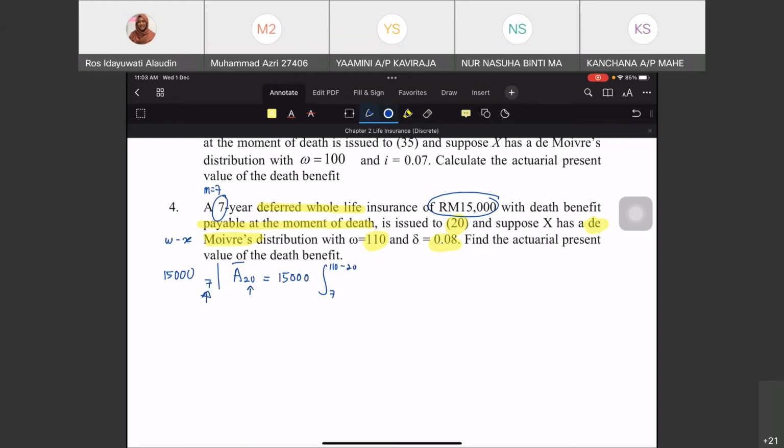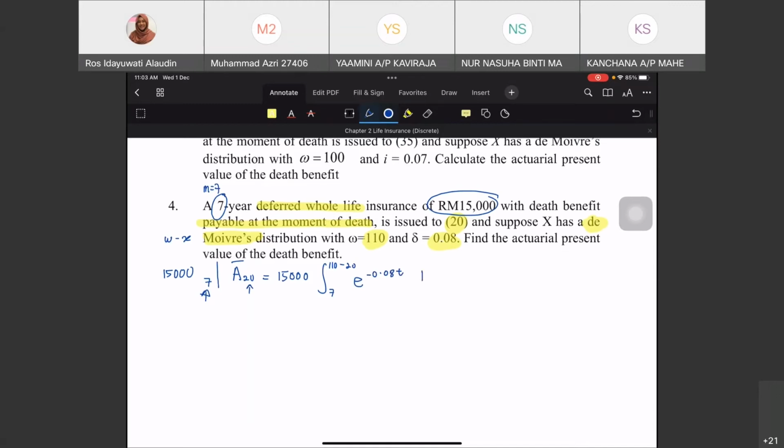What must be inside the integration? v^t times tpx mu x plus t dt. What is v^t? e to the negative delta t. So the tpx mu x plus t for De Moivre's law is 1 over omega minus x minus t.